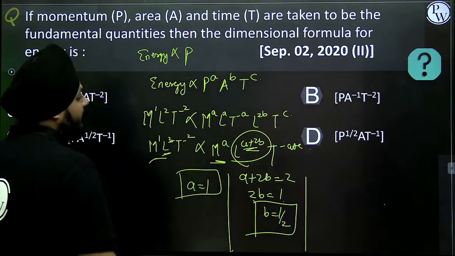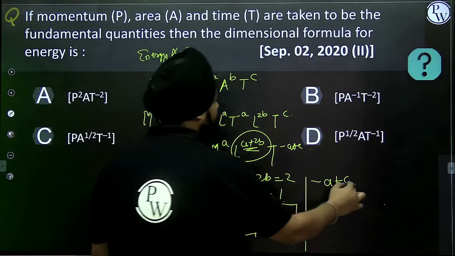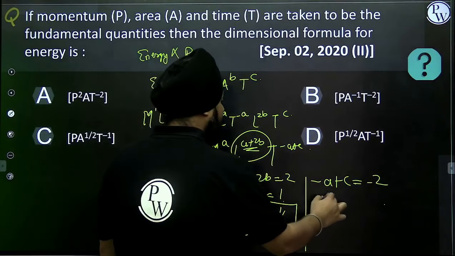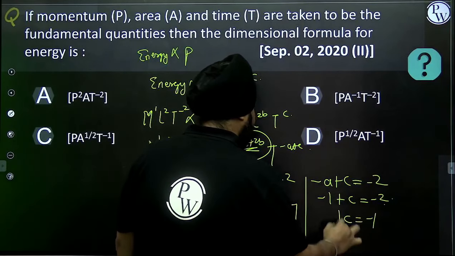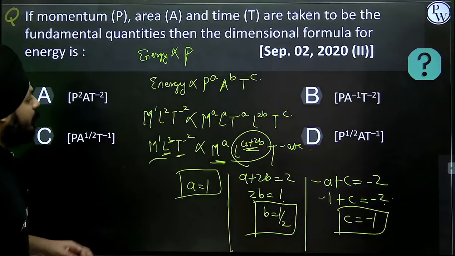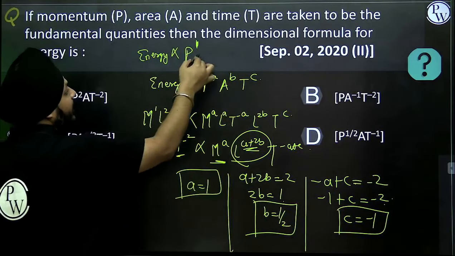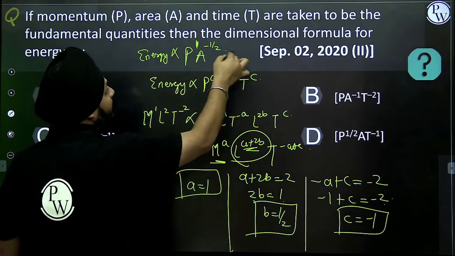Now minus a plus c, comparing the dimensions of T, will be minus 2. So a will be 1, minus 1 plus c is equivalent to minus 2, c will be minus 1. So momentum to the power 1, area to the power minus half, T to the power minus 1.